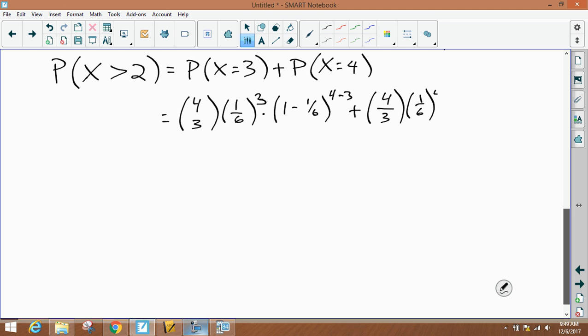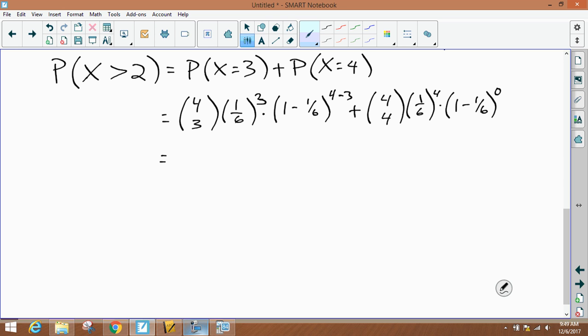I'm so used to, as a math teacher, writing fractions. Isn't it 4 choose 4 too? And n is 4, k is 4. Yeah. Times 1 minus 1/6 to the 0. That's 4 minus 4.